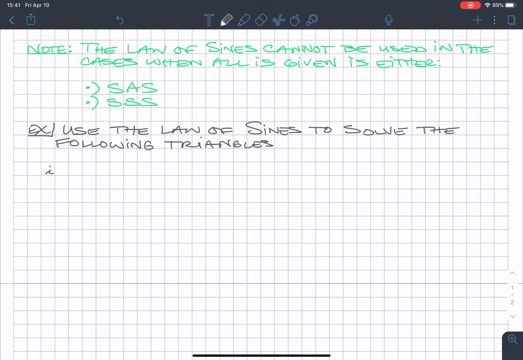For number one, let's say we're given that the measure of angle A is 30 degrees, the measure of angle B is 45 degrees, and the length of side a is 12 times the square root of 3.